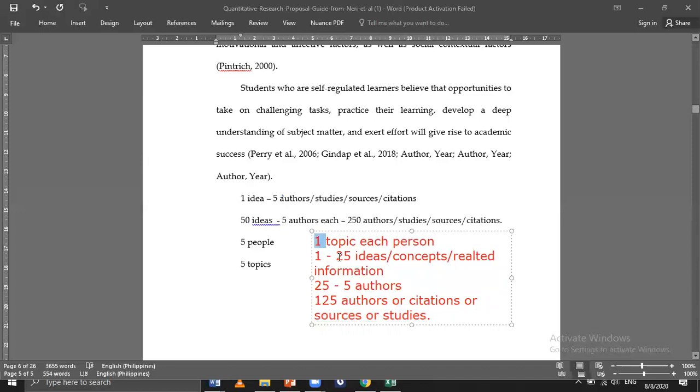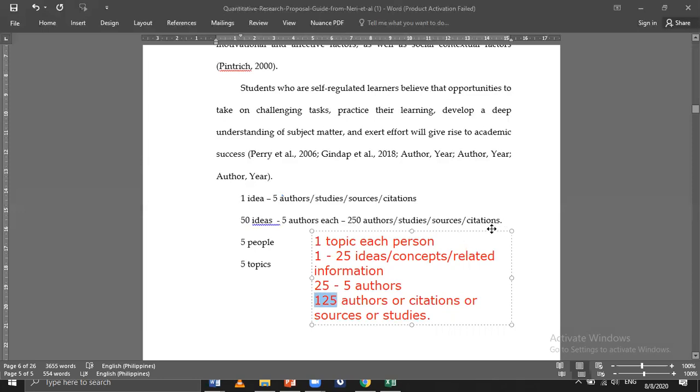Each topic will have 25 ideas or concepts or related literature. And on the 25 ideas, you have 5 authors every idea. So 25 times 5 is 125 authors or citations or sources or studies. So 250 RRL is not really a far-fetched dream.